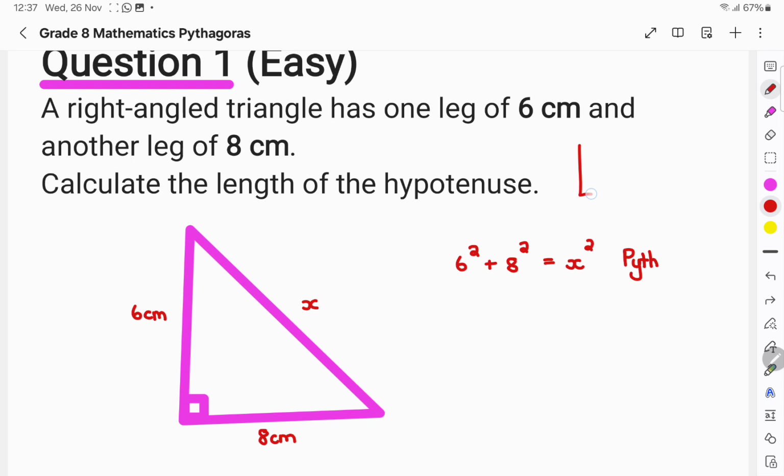One that's very, very popular that teachers use is where you've got 3 centimeters, 4 centimeters, and then your longest side, just note that your longest side must always be your biggest number, which is 5. The hypotenuse would then be 5.